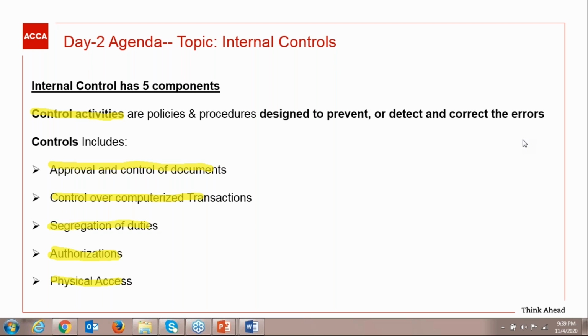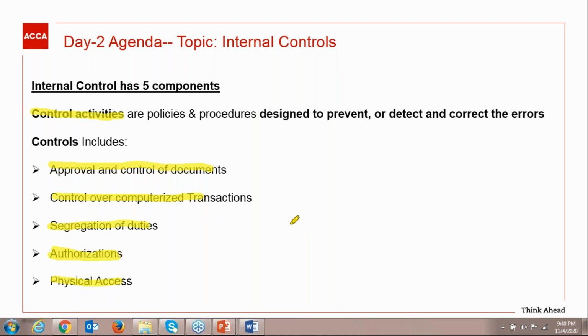Now, how can you achieve it? You can achieve it through control activity. So what you will do, you will make segregation of duties among the different personnel so that the purchases will be done with transparency.